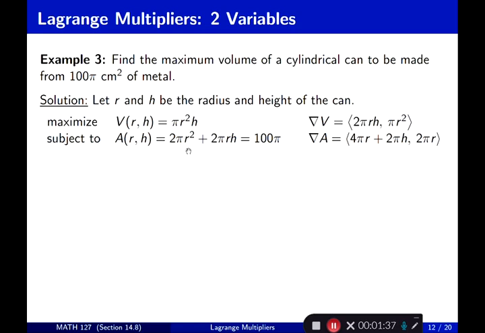The gradient of A is 4 pi r plus 2 pi h and 2 pi r for the second coordinate. Set the first one equal to lambda times the second one, and you get 2 equations, and then add the equation of the constraint, and so you have 3 equations.